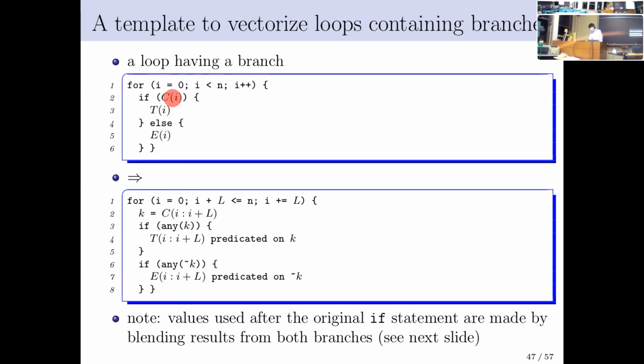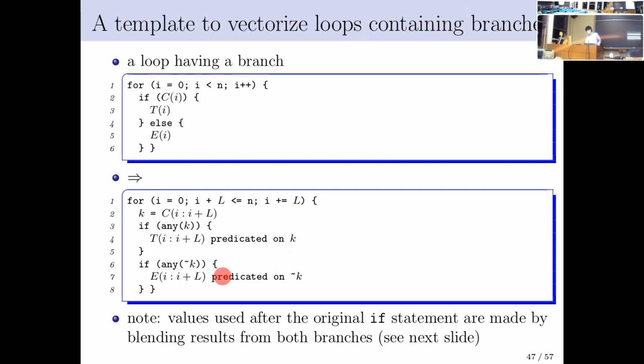Of course you need to get the vector of values, evaluating everything from c_i to c_i plus L minus 1, right? So you get a mask. And if any bit is set, so if any lane is supposed to branch to the then clause, then you need to execute T, but predicated on k. You want to execute T only on lanes whose corresponding bit in k is set.